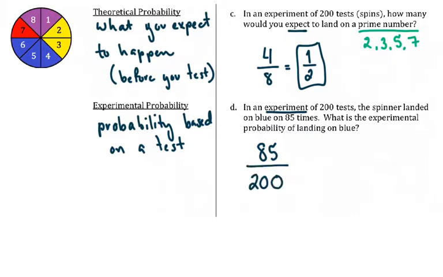So 200 is the total because that's the total number of tests. These are both divisible by 5, and so your final fraction is 17 over 40. If you want to write 42.5%, that's fine. And then the theoretical probability, as I said, would be 3/8, which would be 37.5%. So you'll notice that they're similar, but not exactly the same. Please let me know if you have any questions about probability.